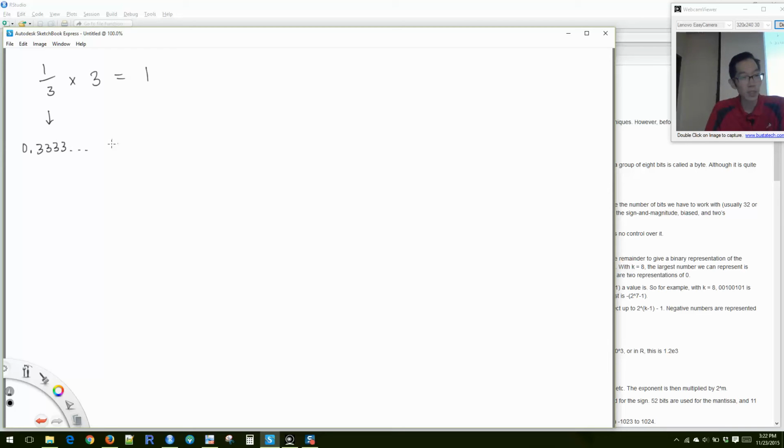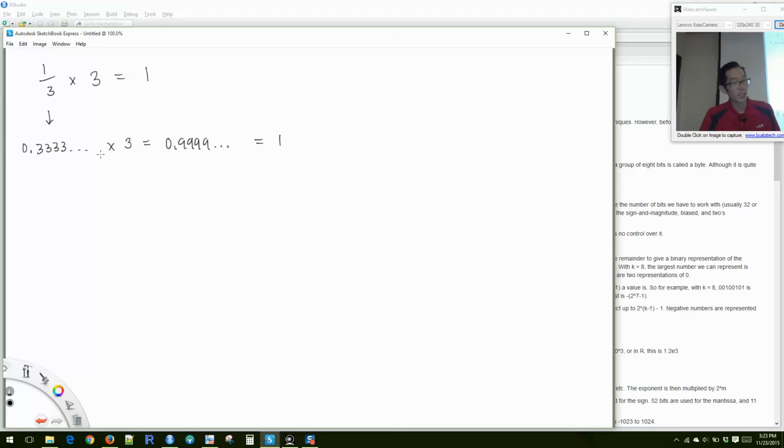Then multiply that by 3, and you'd get 0.9999 ... which we know is equal to 1, right? But this requires our mental intuition about math that says I've got a series of digits going on forever.